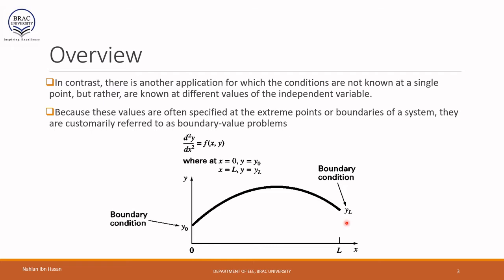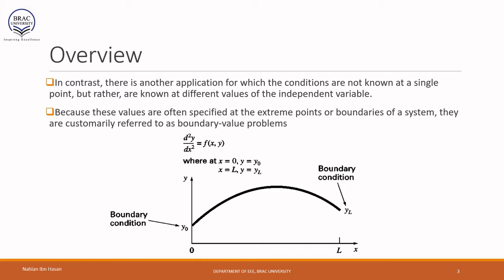The previous one was the initial value problem, because all the conditions were given at the initial point, but right now I am given the conditions at the two boundaries, and that's why it is called the boundary value problem. I guess you already understand the difference between the initial value problem and the boundary value problem.